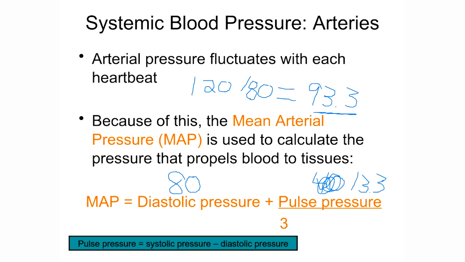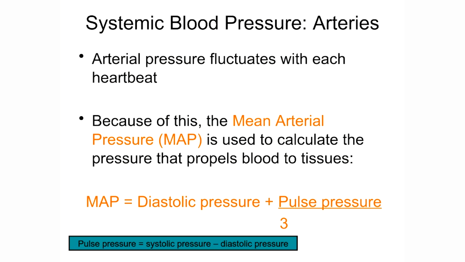So I want to give you a chance to work with another one. Let's say that somebody has terribly high blood pressure, and their blood pressure is actually 160 over 120.